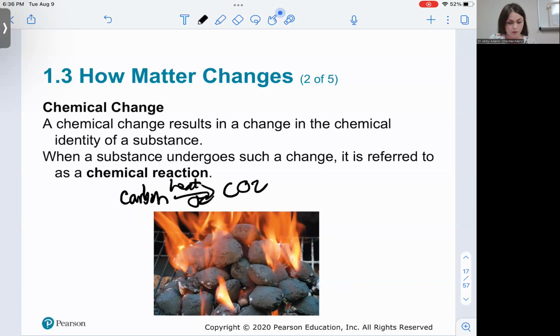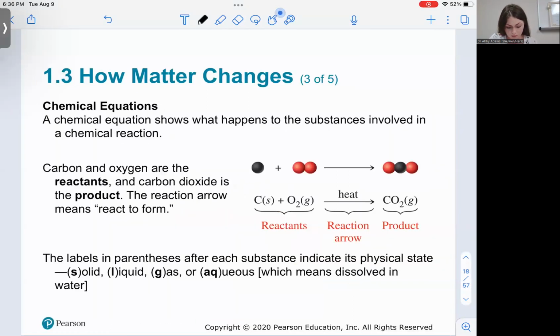And so you're going to see in the next slides how we actually write this out as scientists. This is just sort of a very primitive way of writing it out. But in the next few slides, you're really going to understand what I mean. The way we write chemical equations is very important.